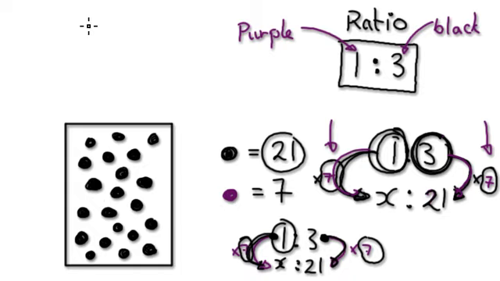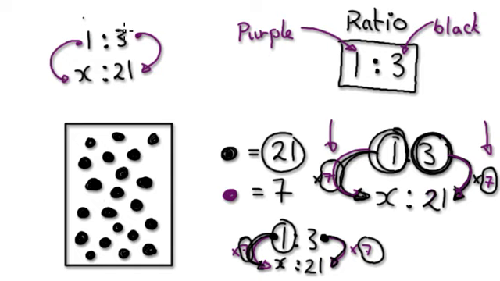The thing about ratios, bear with me. So this is 21 here and an x here. You could do it like this. This takes you to here and this takes you to here. You could actually do this as well. From here times by a third, and then here you can times by the same.